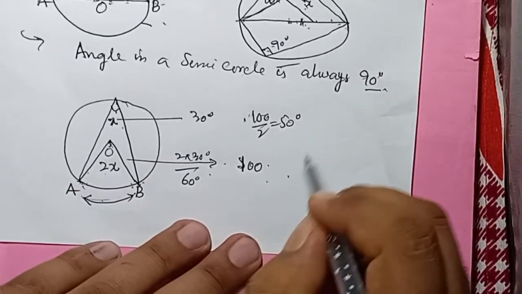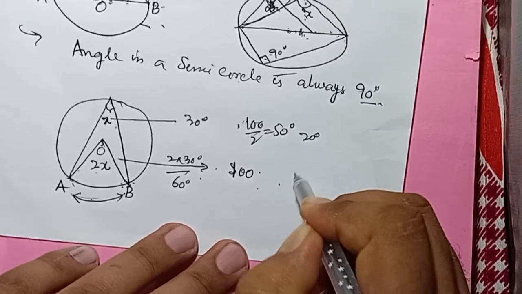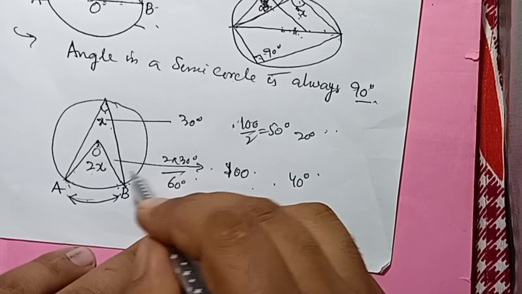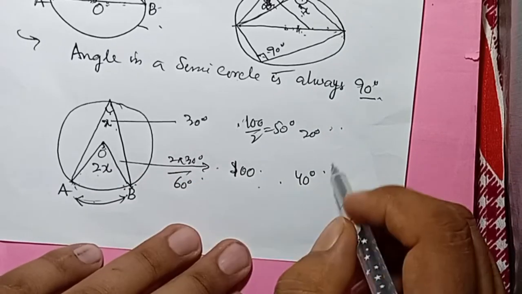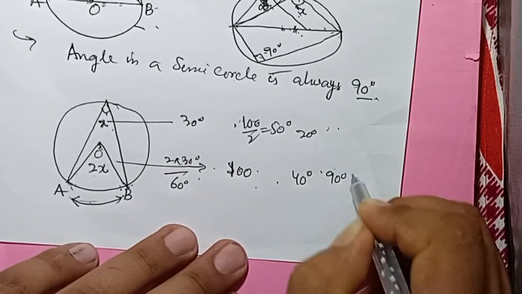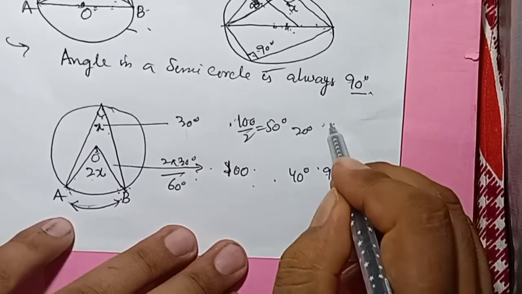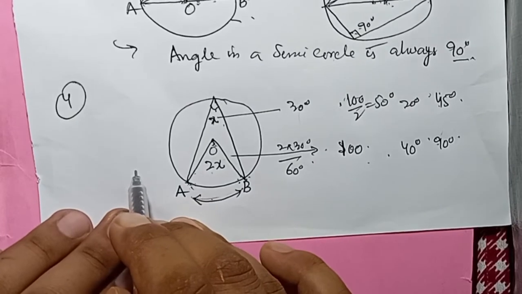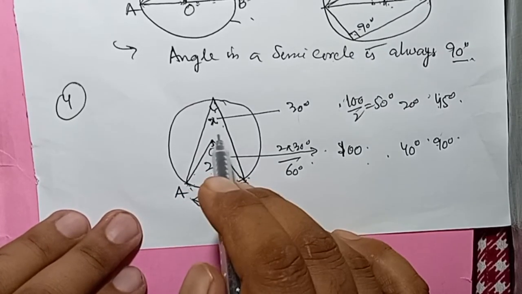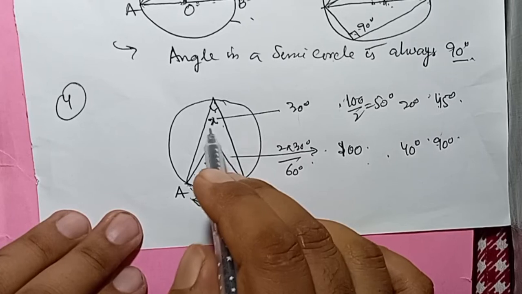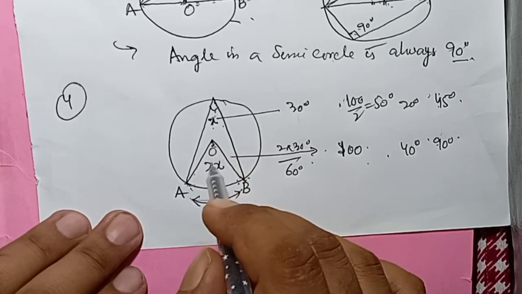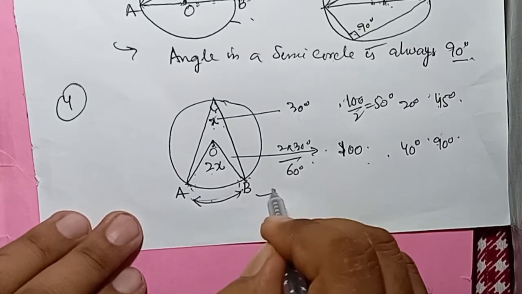If this angle is 20 degrees, this angle will be 40 degrees. If the angle at the center is 90 degrees, then this will be half of 90, that is 45 degrees. So the fourth one is, the angle at the center of a circle is twice the angle at the circumference when both are subtended by the same arc. This is the fourth result.